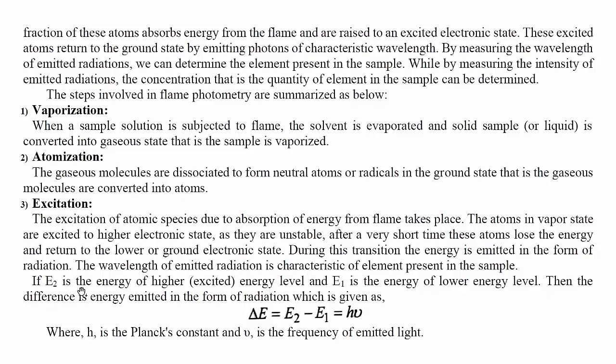If E2 is the energy of the higher, excited, energy level and E1 is the energy of the lower energy level, then the difference is the energy emitted in the form of radiation, which is given as delta E equals E2 minus E1, which is equal to h nu, where h is the Planck's constant and nu is the frequency of emitted light.